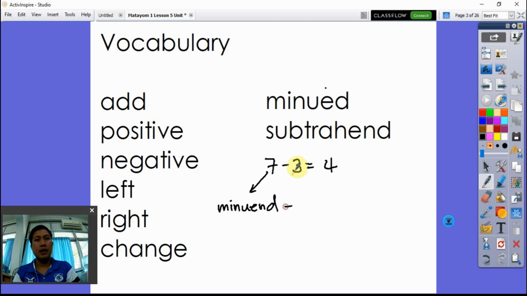The second number after the minus sign is what we call the subtrahend. And the answer that we have when we subtract two numbers, we call the difference. So minuend minus subtrahend equals difference.